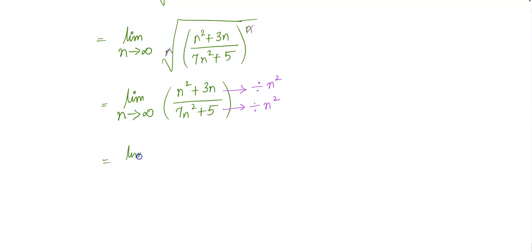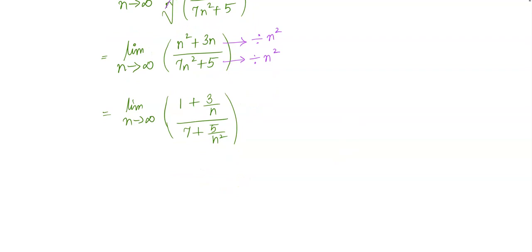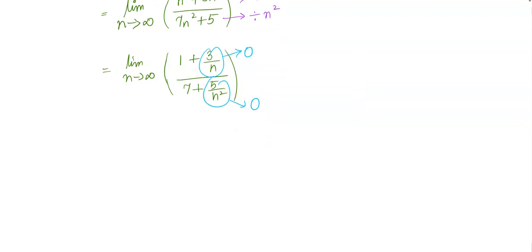That will be the limit as n approaches infinity. n squared over n squared is 1, plus 3n over n squared is 3 over n, over 7n squared over n squared will be 7, plus 5 over n squared because there's no n to cancel it. And now we're ready to apply the limit. When you apply the limit, you know that this will go to 0, this will go to 0, leaving us with 1 over 7.